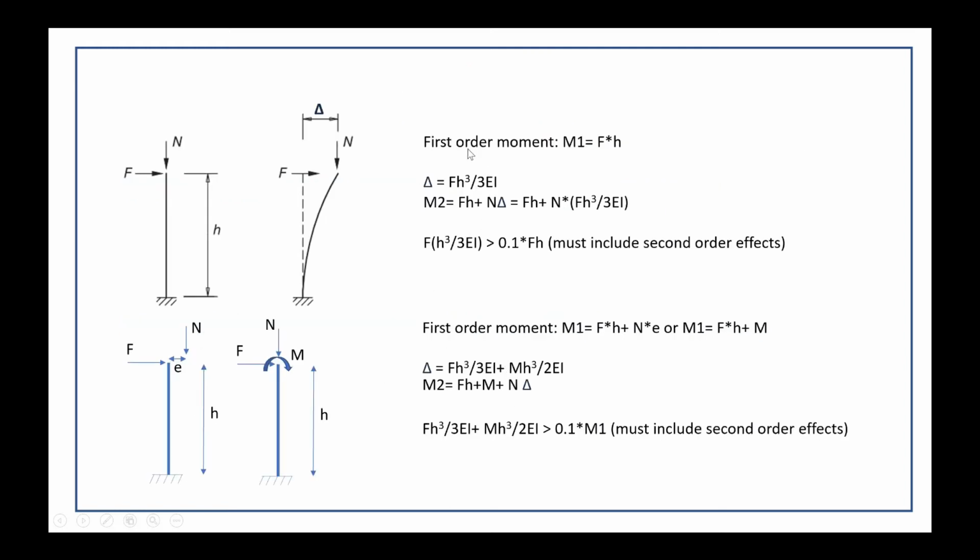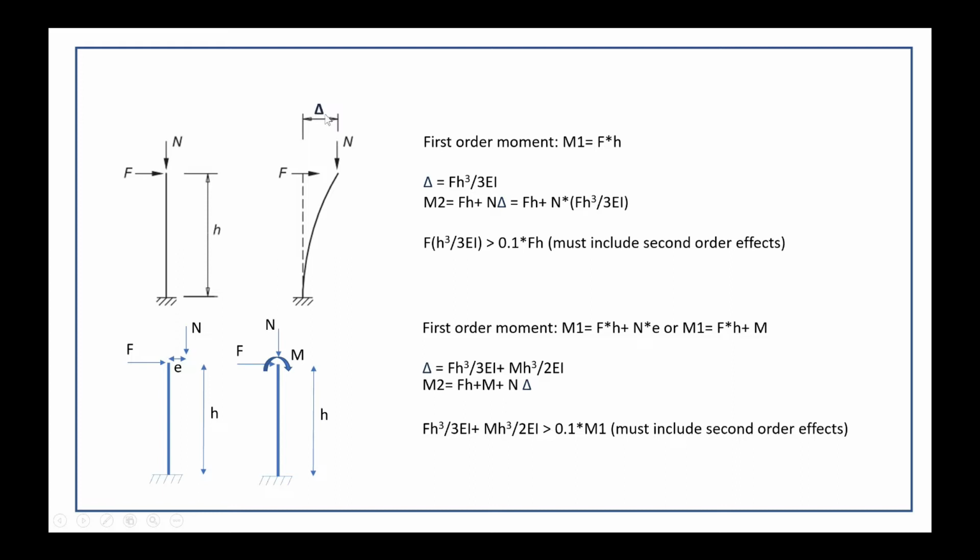This is the example for the first moment. We have a cantilever column applied with horizontal force and vertical force, and the column height is h. When you apply the lateral force S, the structure will deform by delta.